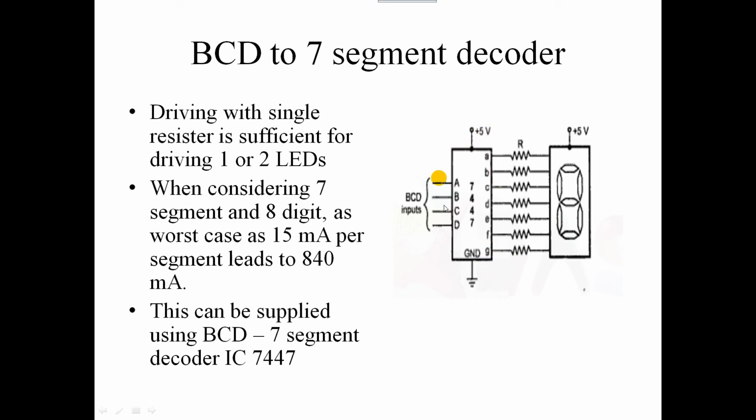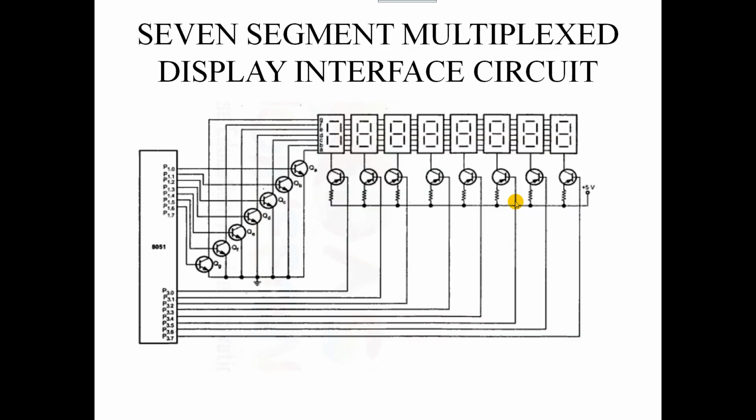If that IC is connected to the 7 segment with the help of resistors, then the power consumption and the other current driving capabilities are going to be supplied by this decoder. So the resistors are not going to be loaded anymore. This type of arrangement also helps with the power consumption problems.